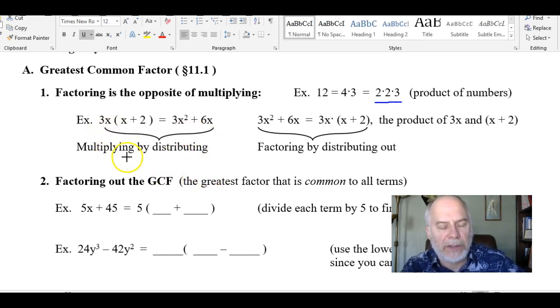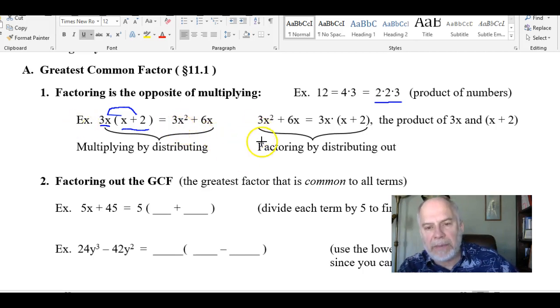Now, let's look at the forwards and backwards here. If you were having to multiply the monomial 3x times this binomial, you would distribute, right? And that would be considered multiplying, because you're multiplying the 3x times everything inside there.